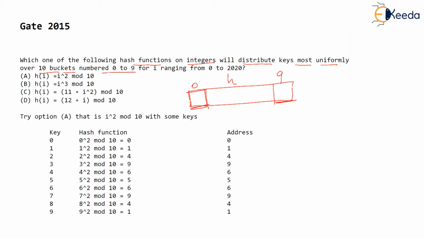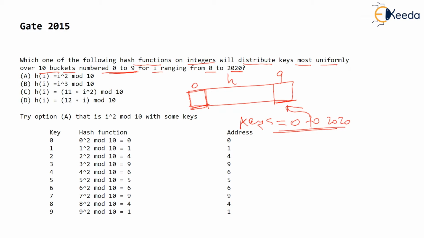The buckets are numbered from 0 to 9, for i ranging from 0 to 2020. Oh, good Lord. That means how many keys are we having? Check, the question says the keys are from 0 to 2020. That means so many keys are getting mapped into this hash table.